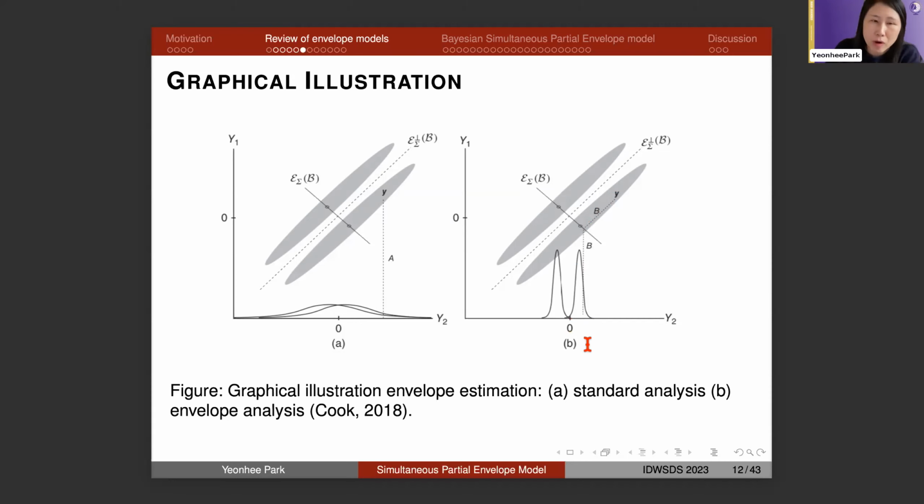So again, with the standard model, the projection distributions overlap, so it requires more samples to detect the difference of the population means. However, when we use the envelope model in the right panel, the projection distributions are well separated, so the estimation will be more efficient.